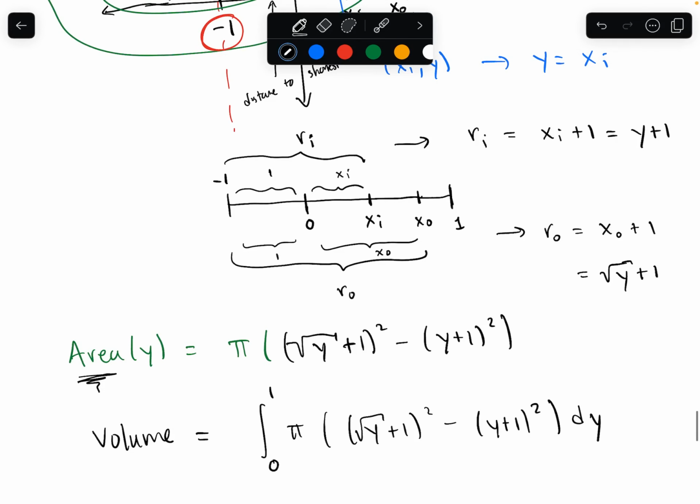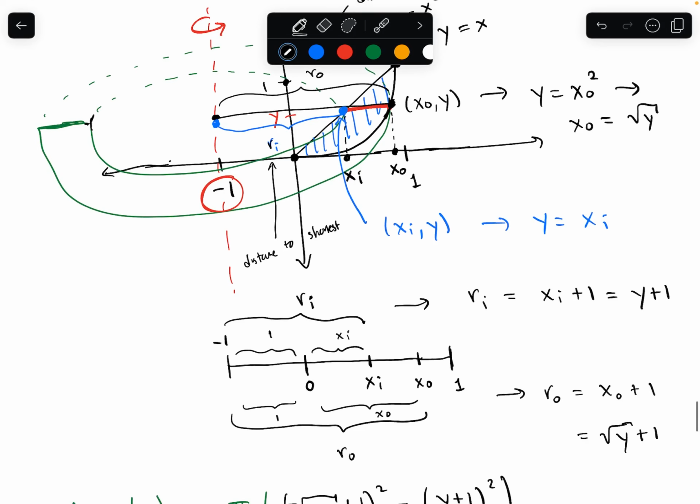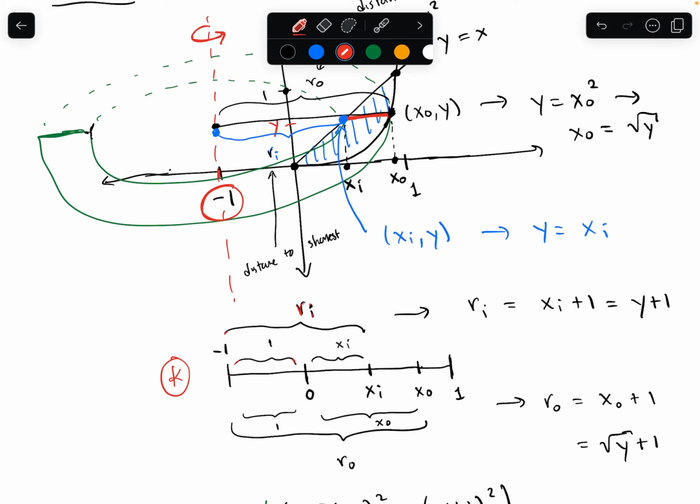Get good at drawing pictures and doing this kind of process, like I showed, where you take the points you're trying to solve for, plop them down on a number line, and read what the distances say. You're computing this distance two different ways. One way is the inner radius that you don't know.